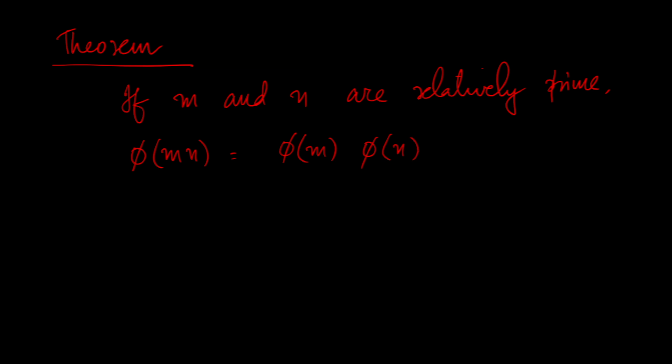For any two positive integers m and n that are relatively prime to each other, phi of mn is phi of m into phi of n. So let us prove this.